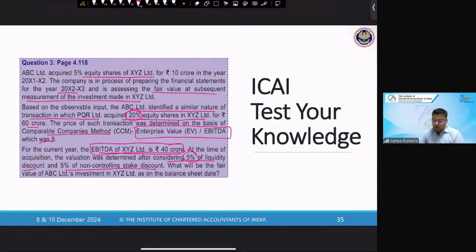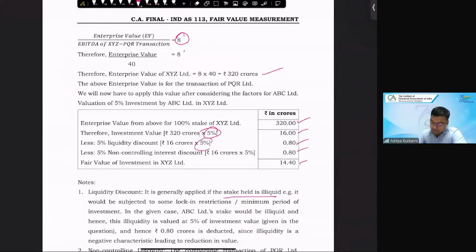So probably what they want to say is your shares are not liquid in the market, and that is why they have given a 5% liquidity discount. Okay, all right. So 5%, less 5% non-controlling interest discount. So 0.9 times 0.95... that gives you 14.4. Anybody has any doubts here?